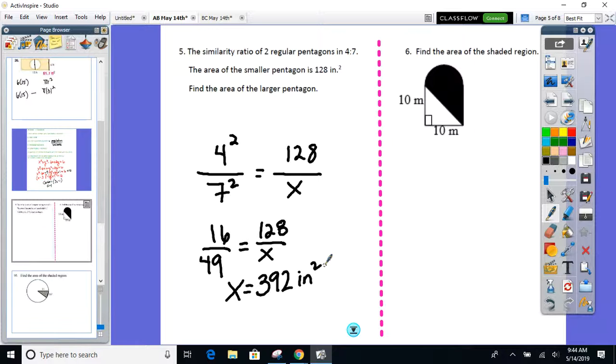All right. 6. How are we going to find that shaded region? Oh boy, this one's a little different, huh? How are we going to do this? Shaded, not the unshaded, the shaded region.